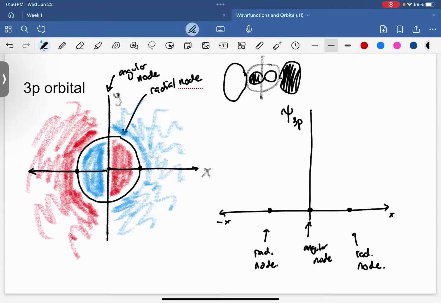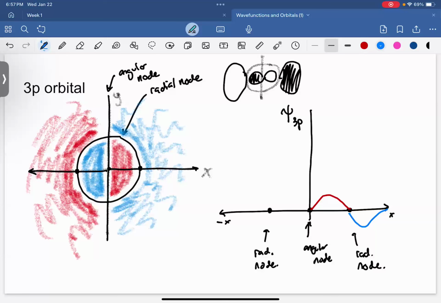And so what does that function look like? I'll draw it in a second, but I would highly encourage you to pause the video, quickly try and draw it yourself and see if you agree. So what that will look like is we're fixed at 0 at the central angular node. Then red is positive, so we're going to go up. Then we cross this node, decay back to 0.